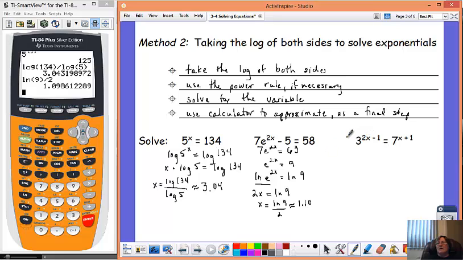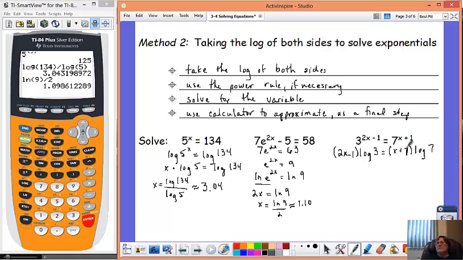And I know the power rule is going to come into play, so I'm going to go ahead and put that exponent out in front to begin with. So (2x minus 1) times the log of 3 equals, same thing over here, I'm going to put x plus 1 out in front, (x plus 1) times the log of 7, to get the log of both sides.